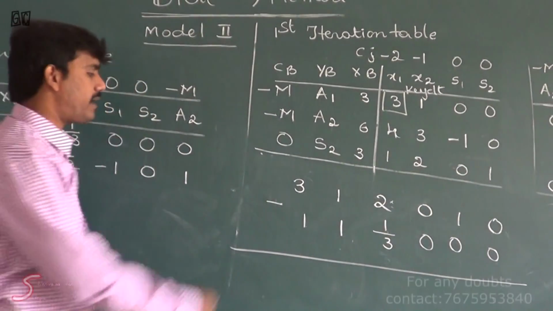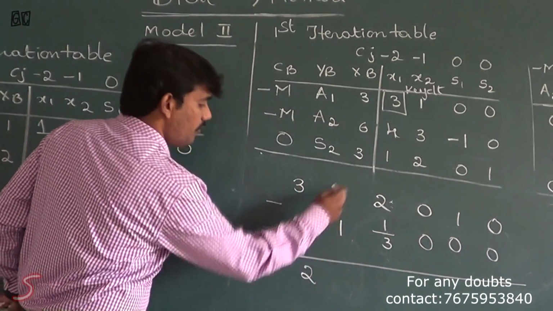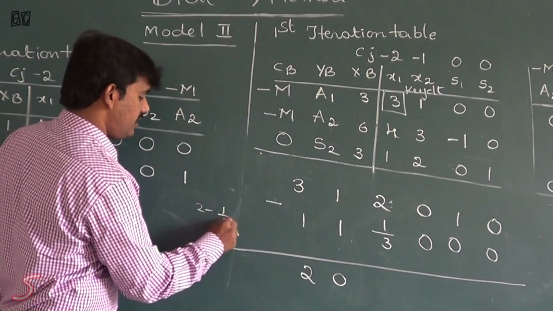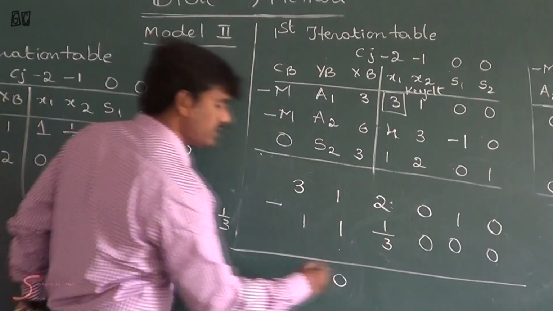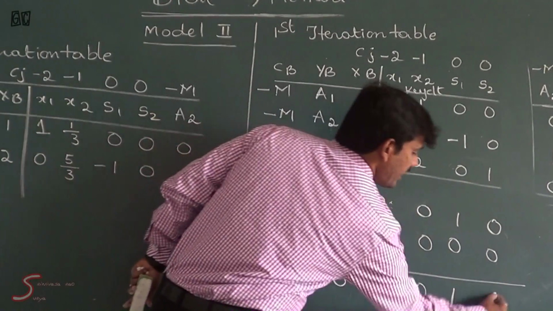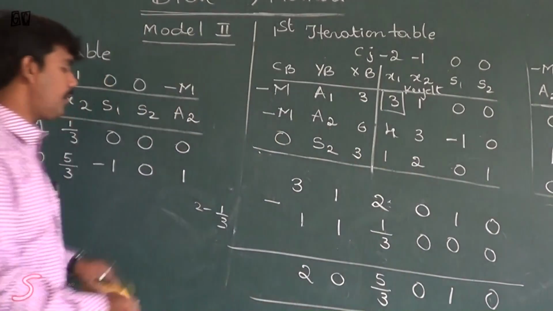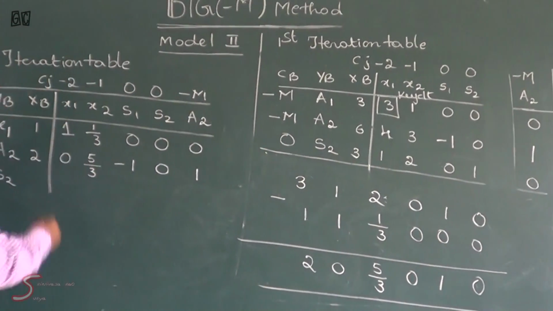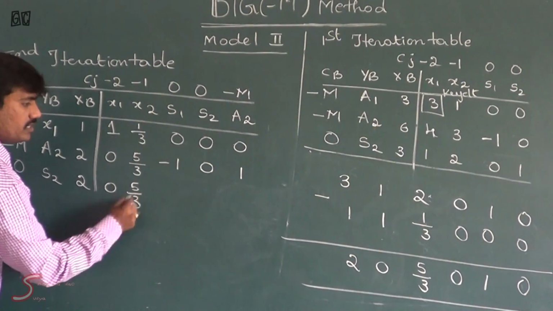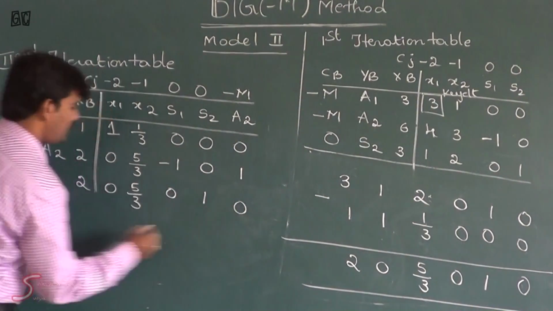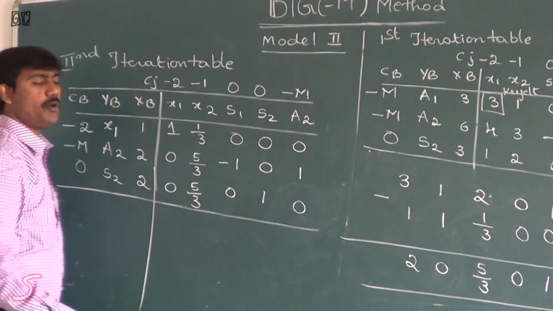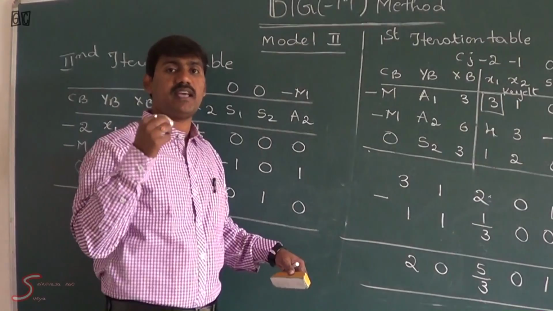Simply I am going to subtract. 3 minus 1, that is 2. 1 minus 1, 0. 2 minus 1 by 3, obviously 3 twos are 6 minus 1, that is 5 by 3. 0 minus 0, 0. 1 minus 0, again 1, and again 0 minus 0. Now I am going to represent this entire row here, that is 2, again 0, 5 by 3, 0, 1, 0.